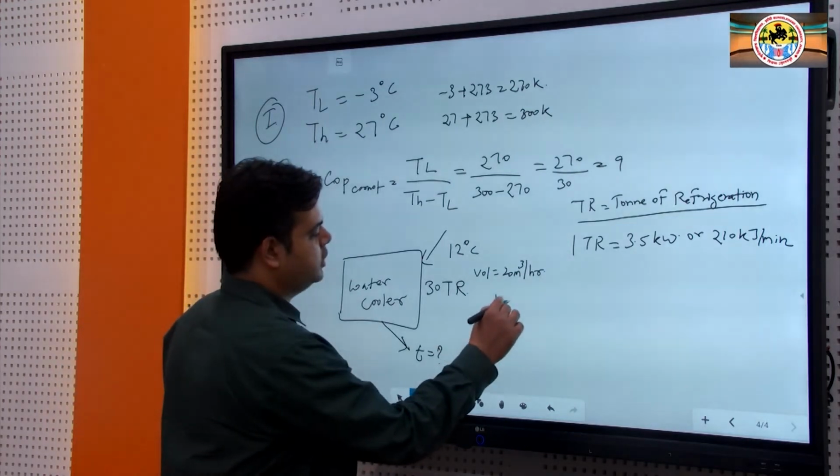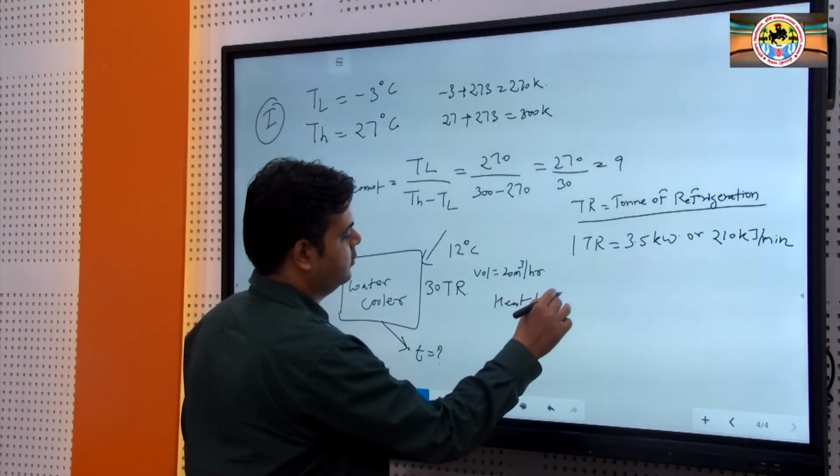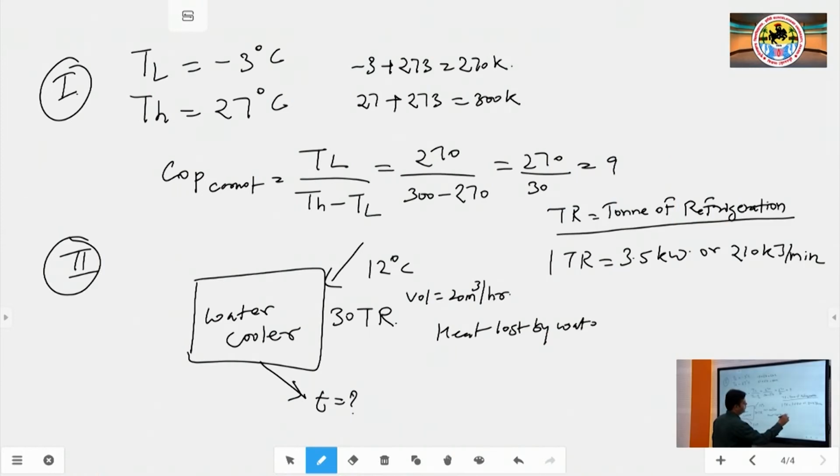So, heat lost by water is equal to heat gained by refrigerant. How much heat is lost by water? That is 30 TR.